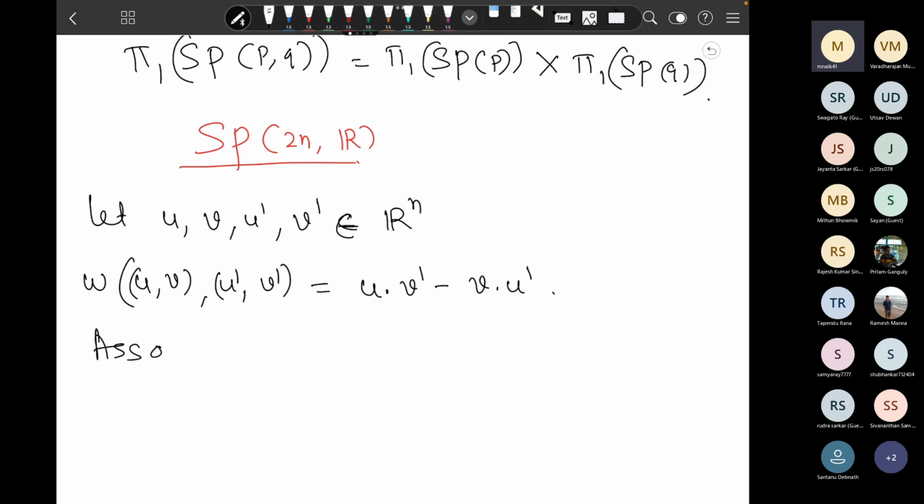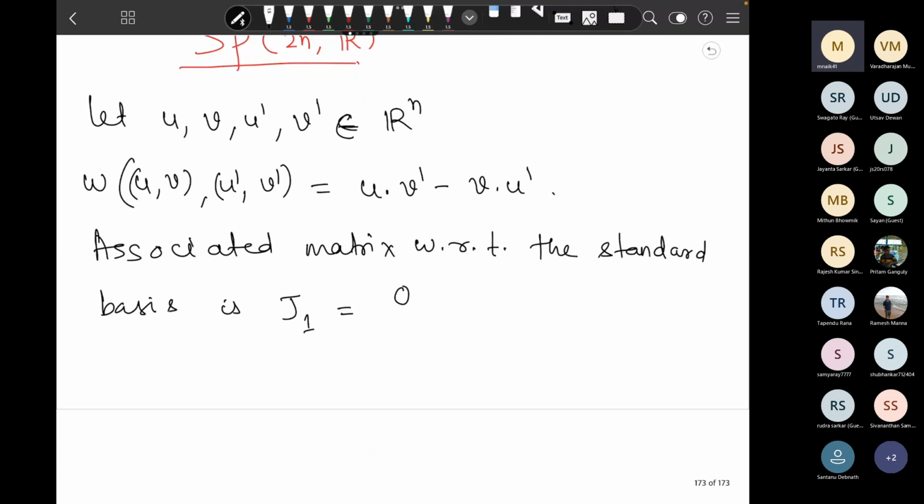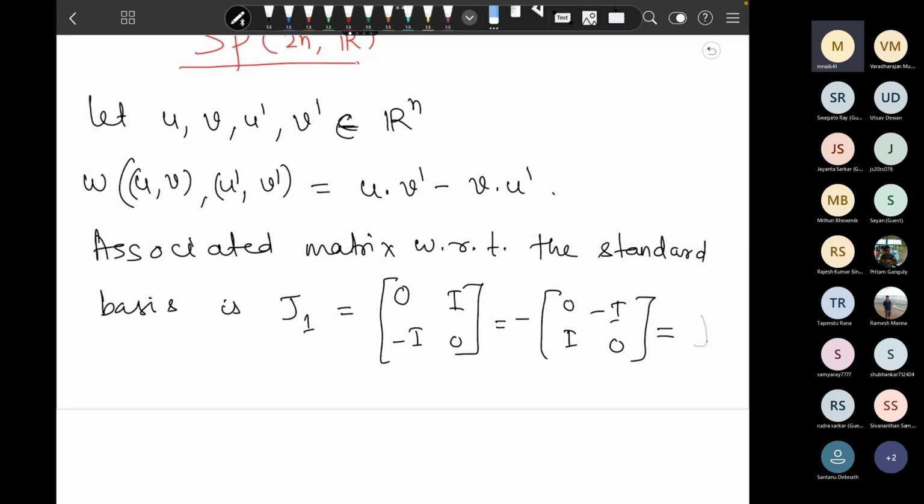So the associated matrix with respect to the standard basis, whenever I am not mentioning the basis, that means I am taking the standard basis, is your J1, and this J1 is nothing but [0 I; -I 0], and this is nothing but minus of [0 -I; I 0], and this is really the standard complex structure J. So this is equal to minus J. Remember that thing.